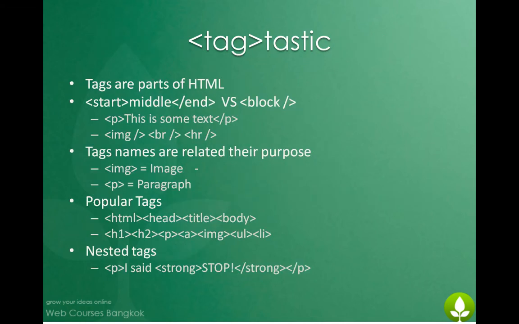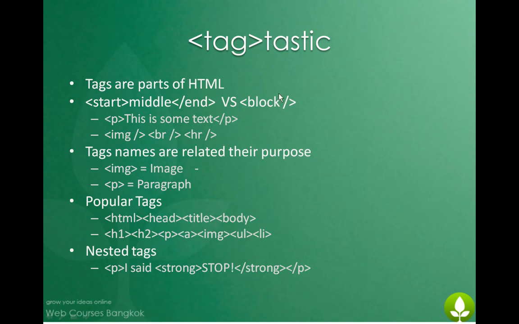So HTML is made up of tags. Tags are things like this. So there's a start, a middle, and then there's an end. And that's what everything in the middle there is described by these things here. So if this said P and it would end P here, it means everything in the middle is a paragraph. Alright. Now you've got start, middle, and end.